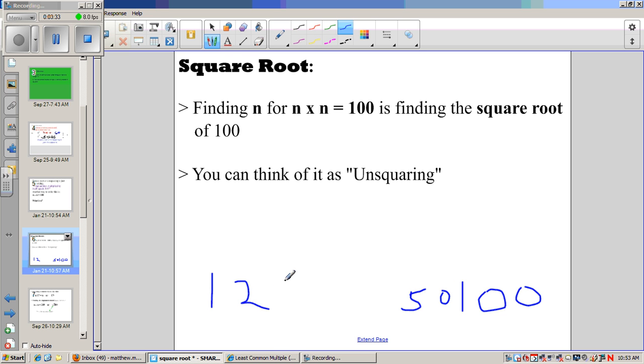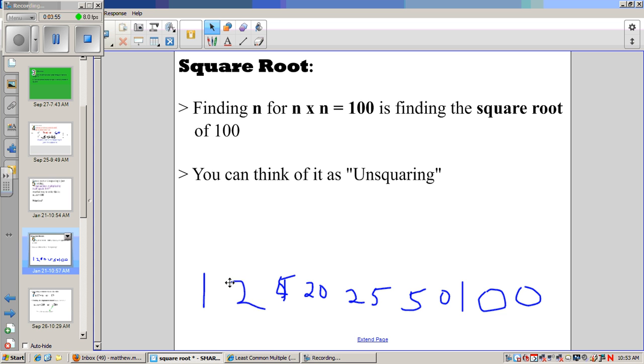I can't do 3. I could do 4 and 25. I could do 5 and 20. Starting to run out a little bit of space here. Sorry, my numbers are all messed up.